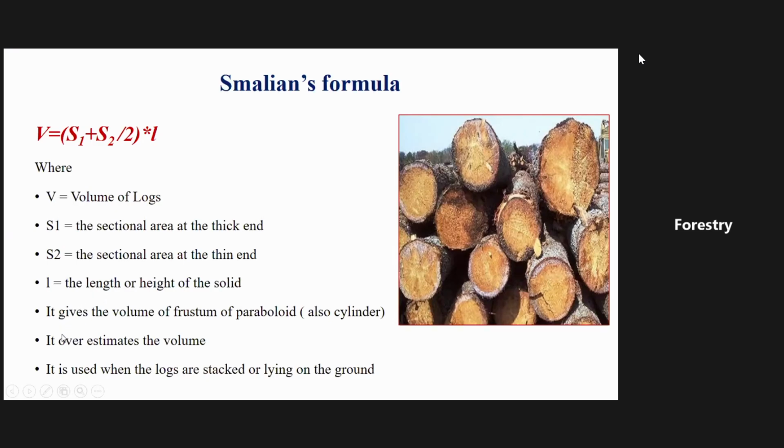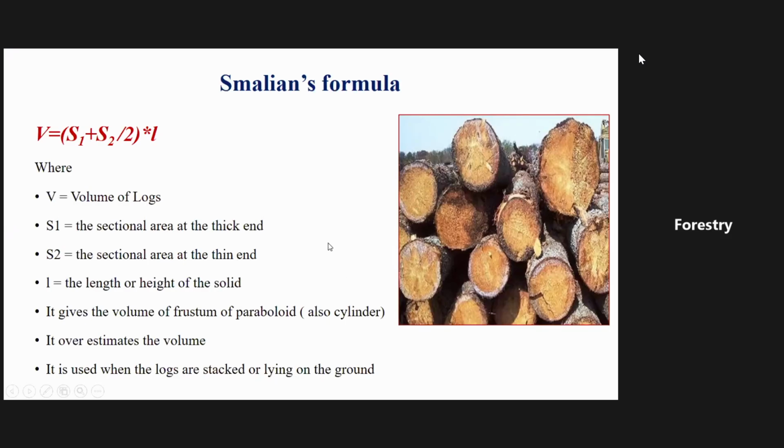It gives the volume of a frustum of a paraboloid, and also a cylinder. This formula is used to calculate the volume of paraboloid and cylinder type logs. It overestimates the volume, and it is used when the logs are stacked and lying on the ground.